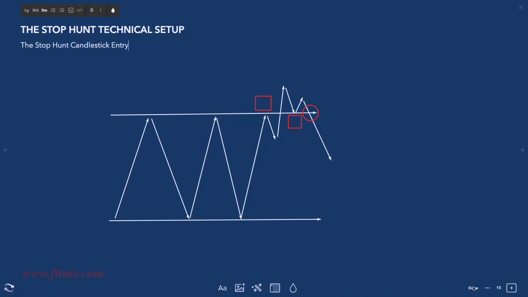So what we have is our technical ranging market pattern, where you will have the level traders first of all getting involved, right? And they will place their stop losses here. Then you have the stop hunt right here, and breakout traders will be getting in.